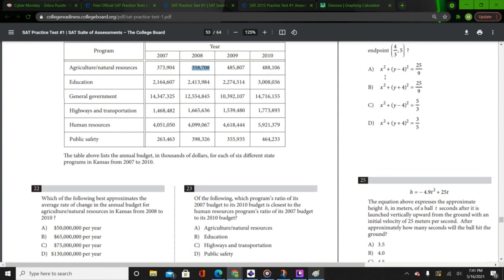So which one are we doing? Human Resources Program. We're literally just taking 2010s divided by 2007s and seeing which is closest. And Human Resources Program, so for which is roughly 4 to 5.